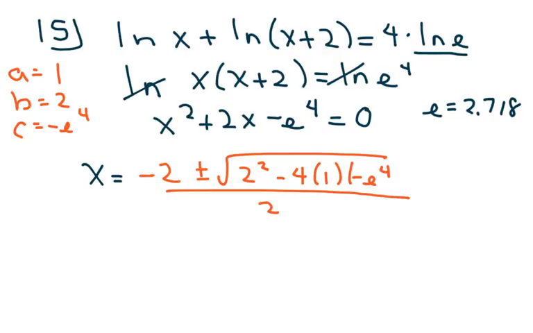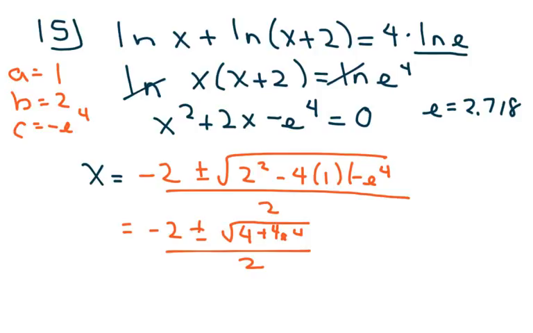Now, clean it up, and we're going to get x equals negative 2 plus or minus square root of 4 plus 4e to the fourth over 2.